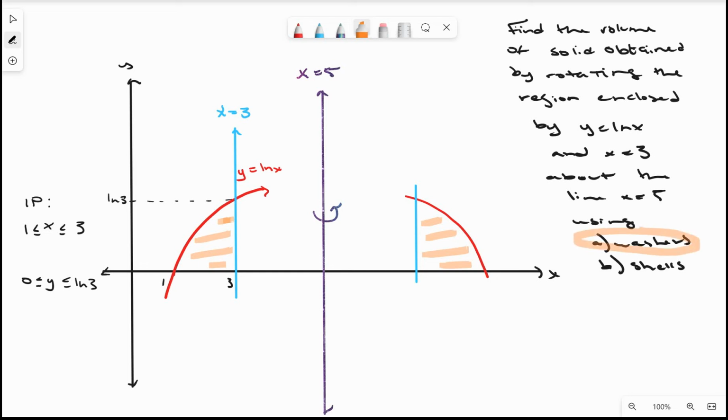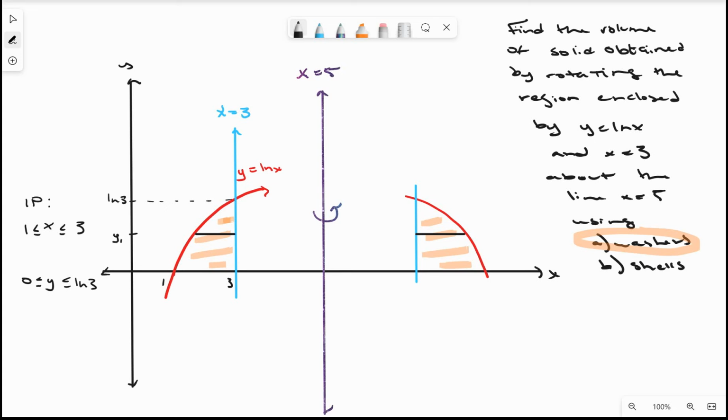When we use washers, we can view it in two different ways. The first way that we learn it is by slicing the solid perpendicular to the axis of rotation. The axis of rotation is a vertical line, x equals 5, so slicing it perpendicular would be slicing it horizontally, like that. This would be a slice here.